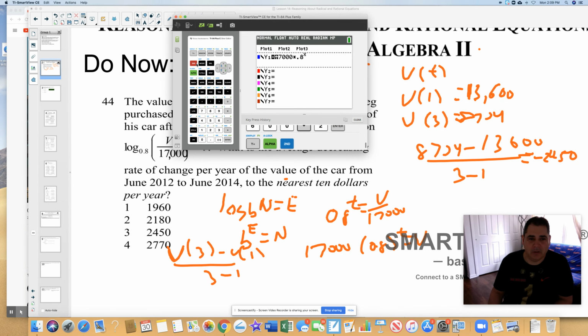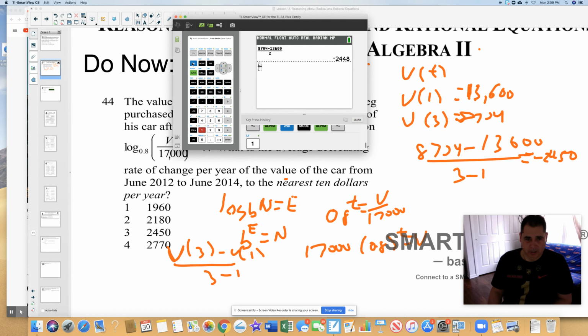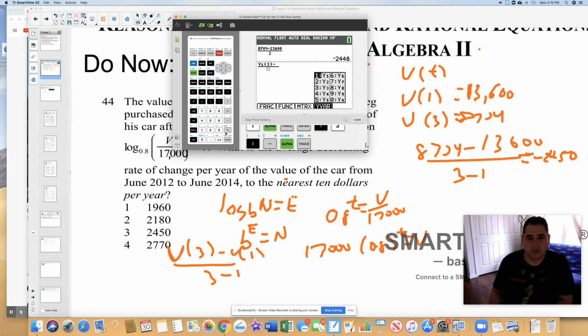So if I go back to home screen and I do alpha y equals, and I go to, I believe it's alpha trace. Yes, it is. I'm going to do y1, which is my function notation, of 3, minus, go back to alpha trace, y1 of 1, over 3 minus 1, which is 2.